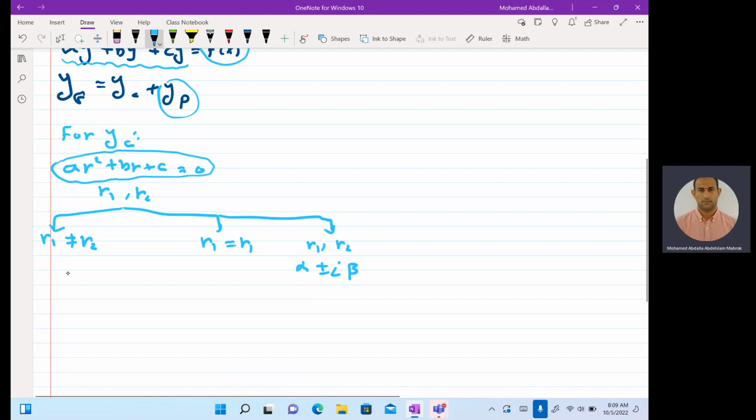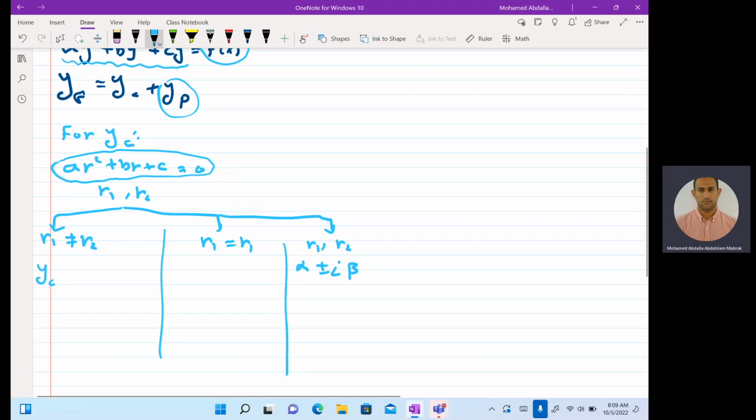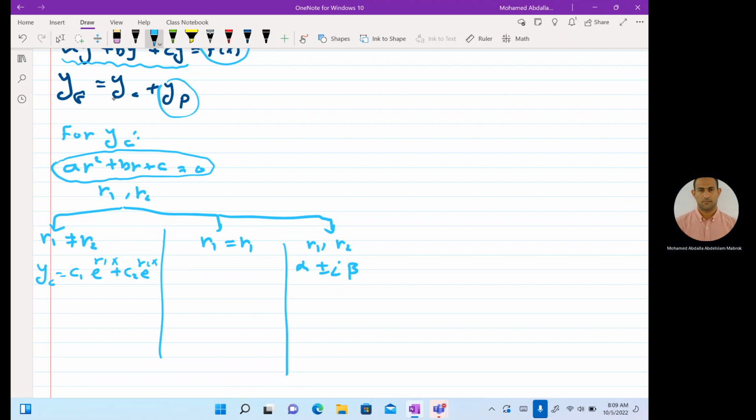In the first case, we say that yc is C1 e to the power r1 x plus C2 e to the power r2 x, as if we found two y's that satisfy this differential equation, and we add them. This is y1, this is y2, and we multiply C1 times y1, C2 times y2, which is the superposition principle.